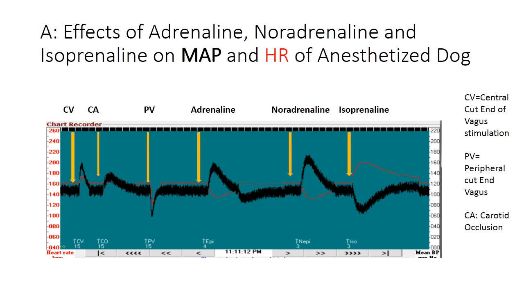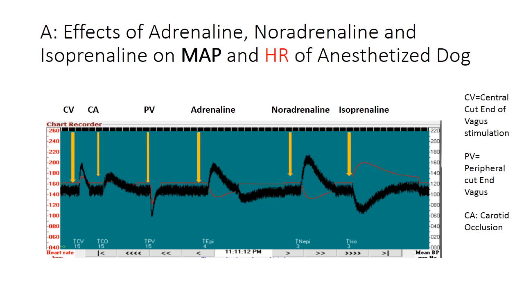Now these tracings have been taken by observing the effects of adrenaline, noradrenaline, isoprenaline, the carotid occlusion, the central cut end of the vagus stimulation, and the peripheral cut end of the vagus stimulation. You can see here that when the central cut end of the vagus is stimulated for 15 seconds, there is a rise in blood pressure and some rise in heart rate.